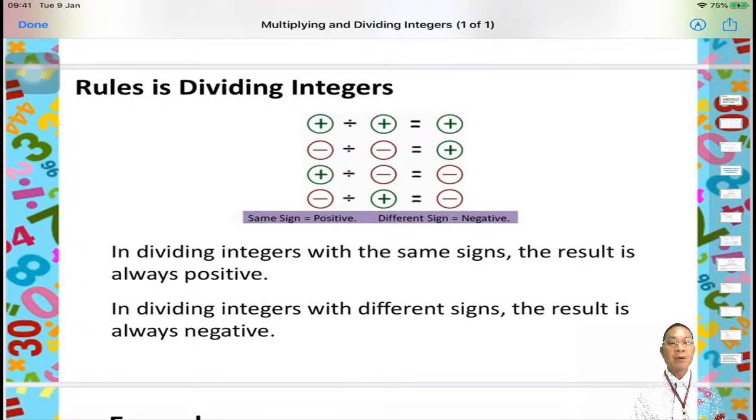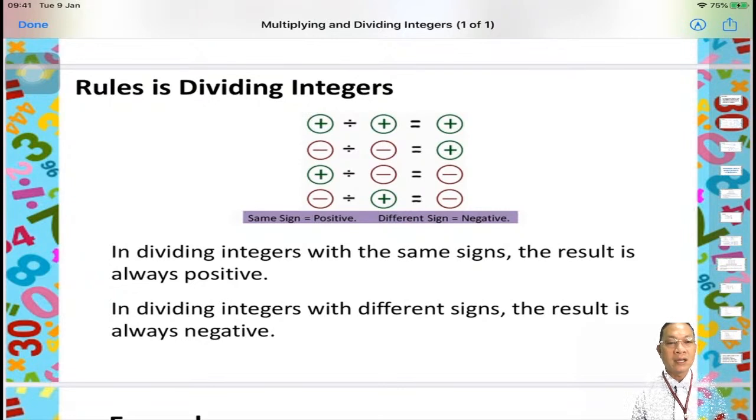Negative divided by positive is negative. I told you just a while ago that dividing integers is the same as multiplication of integers. The same signs, the answer is positive. Different signs, the result is negative.